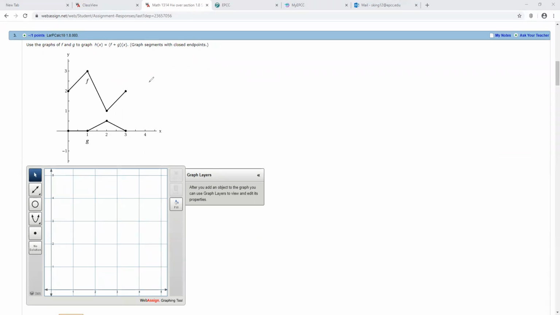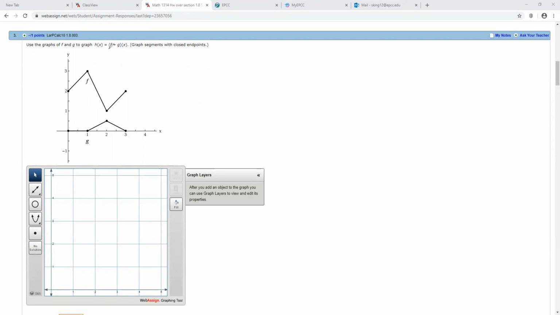That's not the important part of the concept here, to know what those pieces are, just that they're sitting there. And then they give us a second function right here, and they call it the next letter in the alphabet, g. And so we simply have 2 functions in front of us.